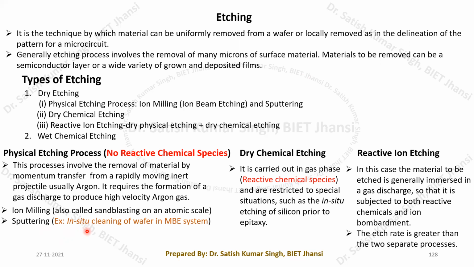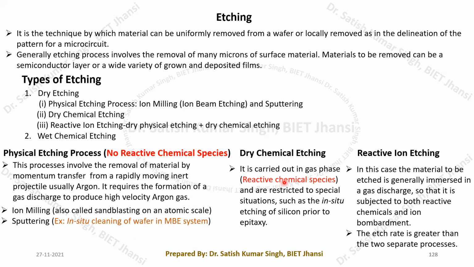Similarly, we can have the dry chemical etching process. So what do we mean by dry chemical etching? When I discussed vapor phase epitaxy, if you recall, we did the in situ cleaning of the wafer. Similarly, when we perform vapor phase epitaxy, we need to clean the wafer.